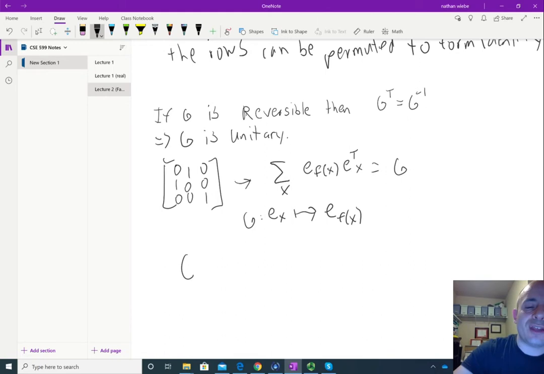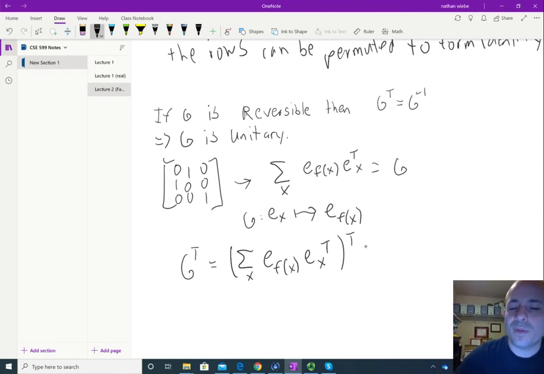So let's look at now G transpose. That is equal to the sum over x of E f of x, E x transpose, all transposed. Using the fact that the transpose of the sum is the sum of the transposes, we can write that as the sum of E f of x, E x transpose, transposed.